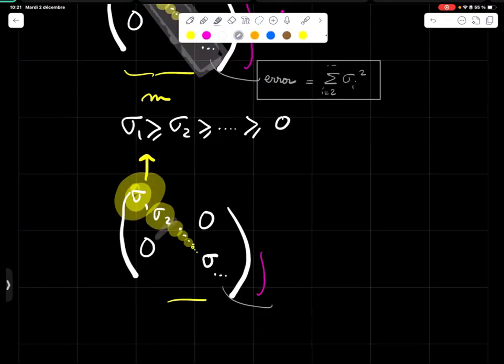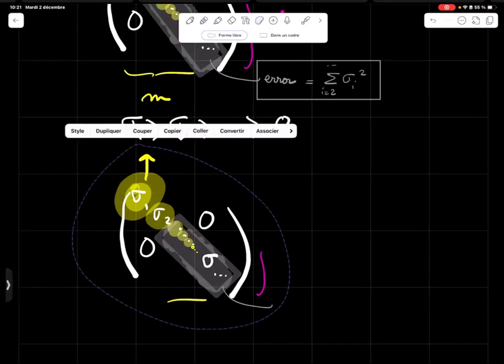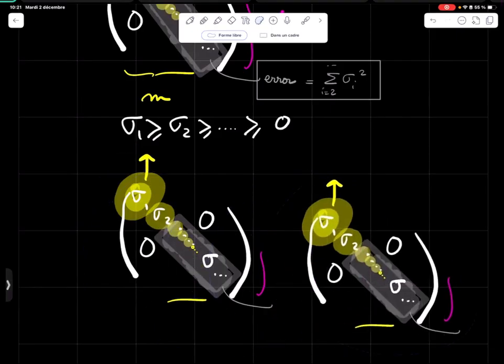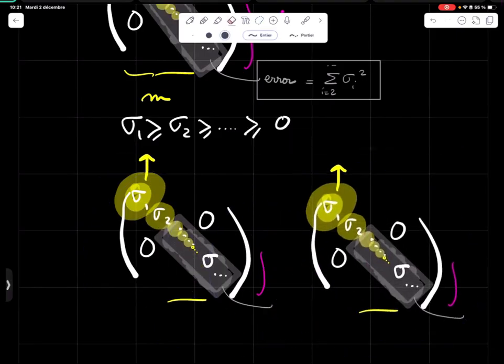So now if I truncate a bit further, if I take 2 eigenvalues, then the error is decreasing, every time this little yellow blob is getting smaller. And if I keep going, I'm going to be able to decrease the error further and further until I'm satisfied.